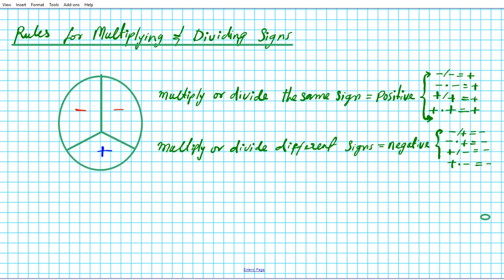So you can see that whenever you're multiplying or dividing numbers with different signs, the product is going to be negative. Okay? So just remember, same, positive, different, negative. Okay? Alright, let's go ahead and take a look at some examples.